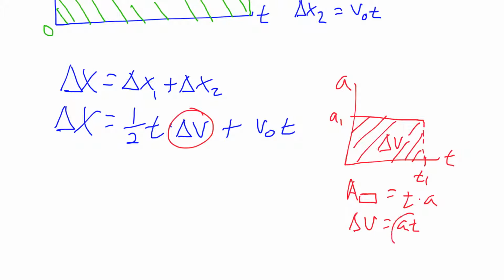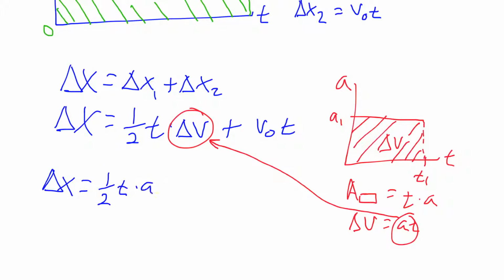So we can plug in at right here. So we get that delta x equals 1/2 t times at, plus v naught t.